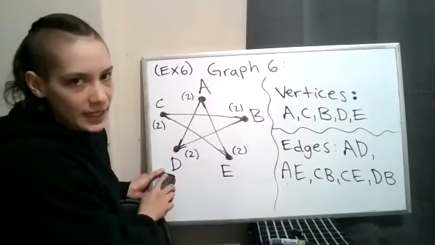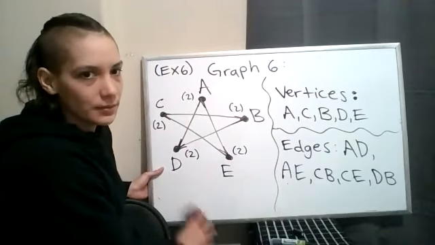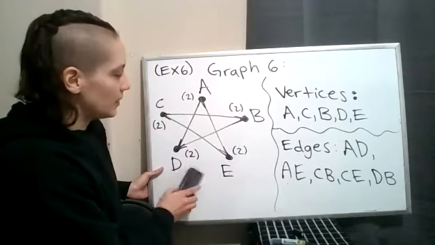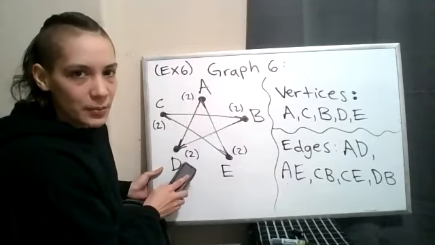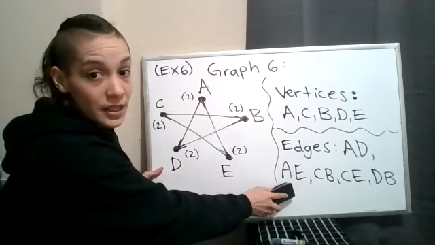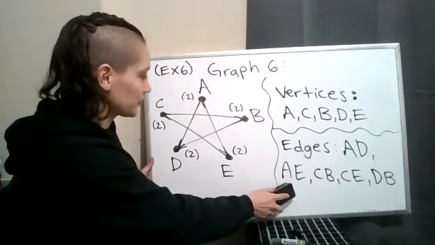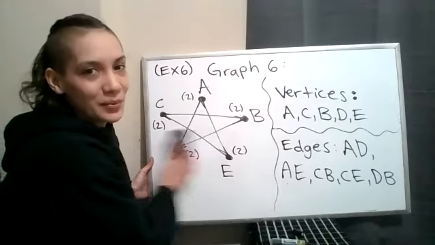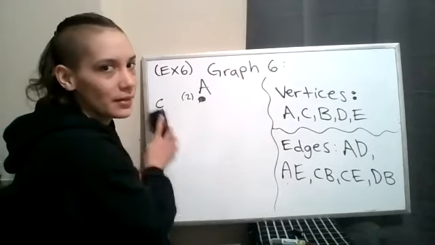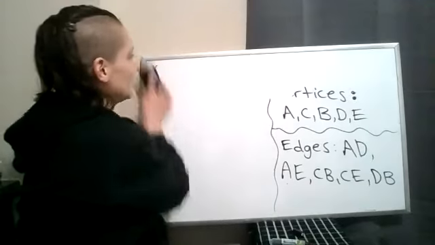I won't write that down because we'll go over it later, but I'll say it one more time: if you divide the sum of the degrees by 2, you get the number of edges. Okay, one more example, but we're just practicing vertices and edges.